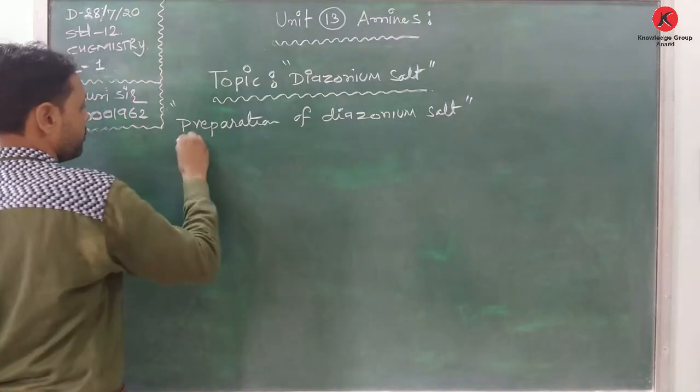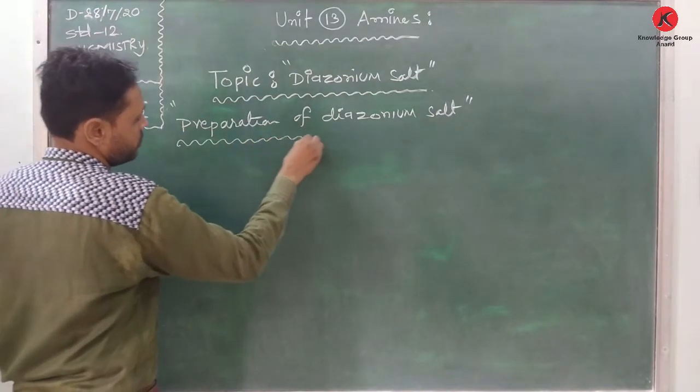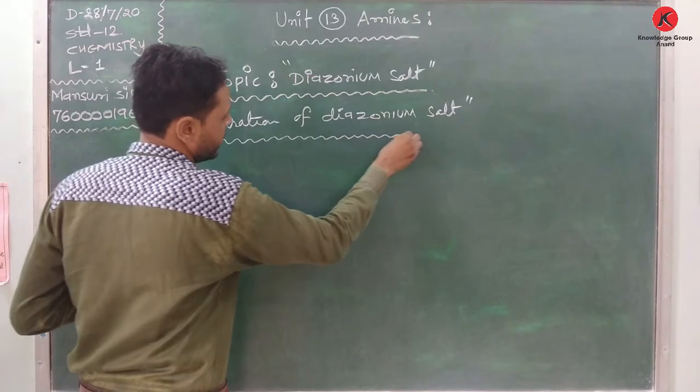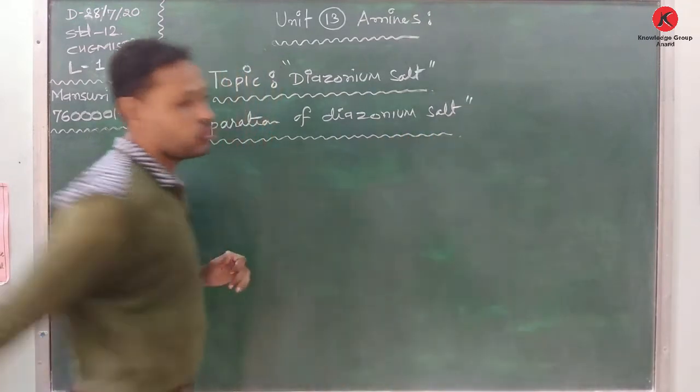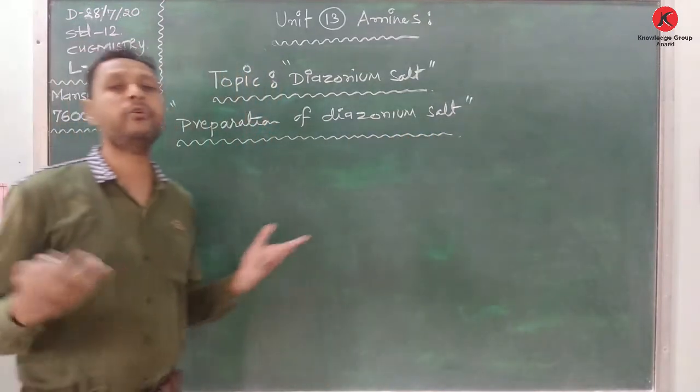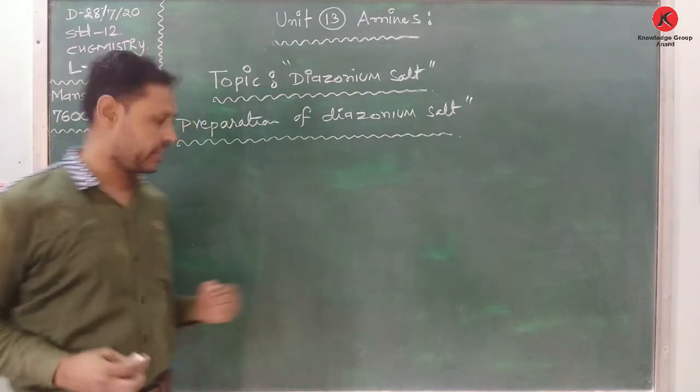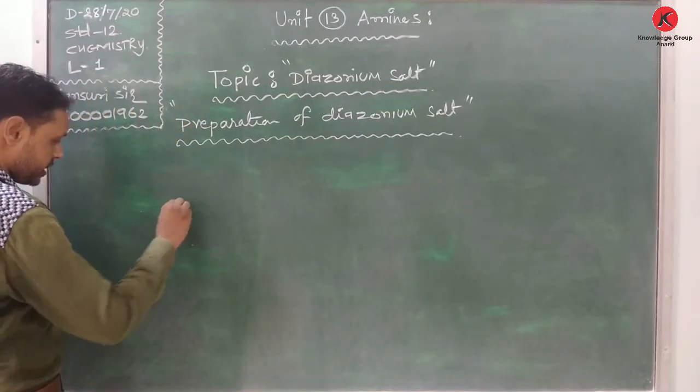In this case, first of all, we have to take aniline and we have to prepare N2Cl on the benzene ring. First we consider aniline.